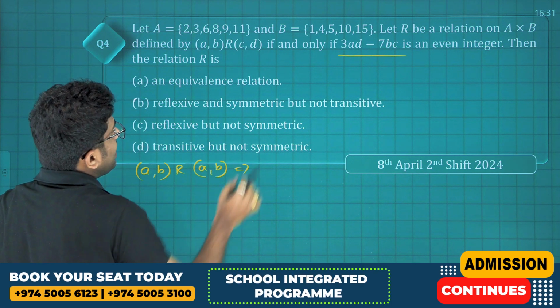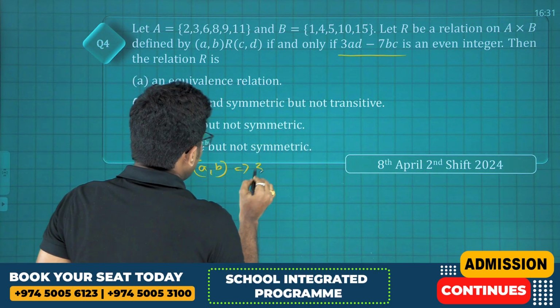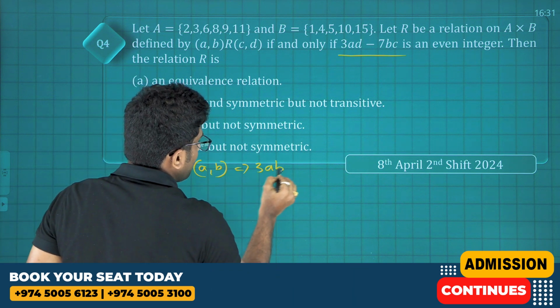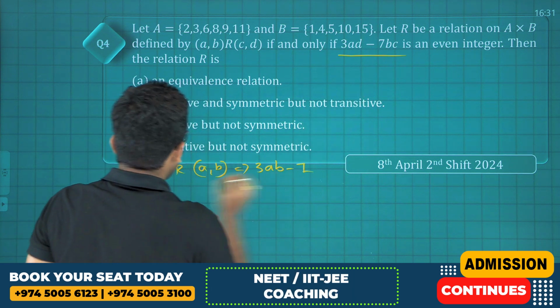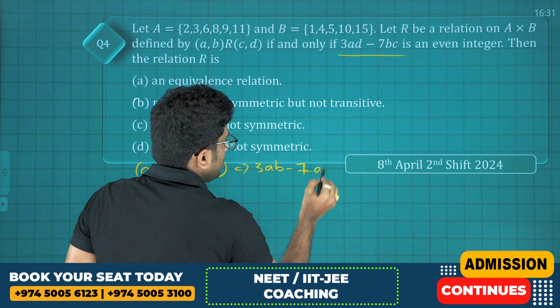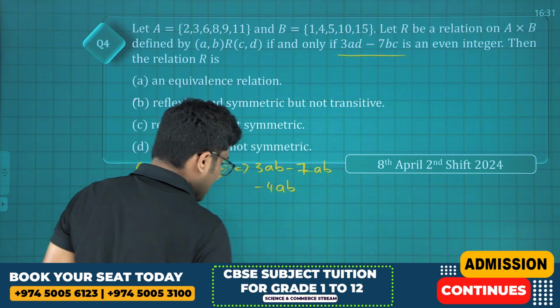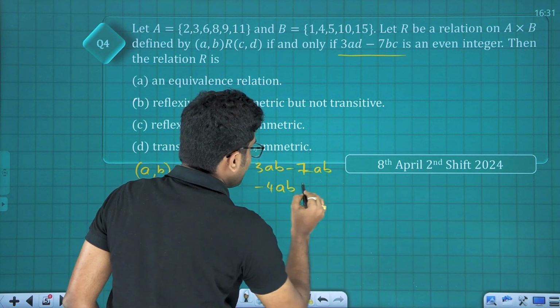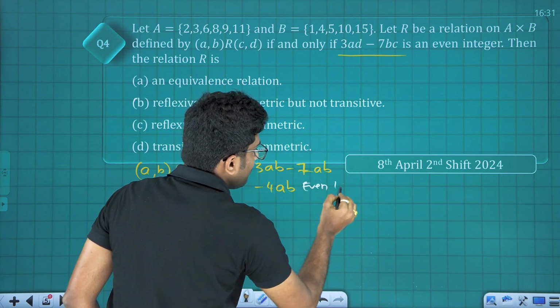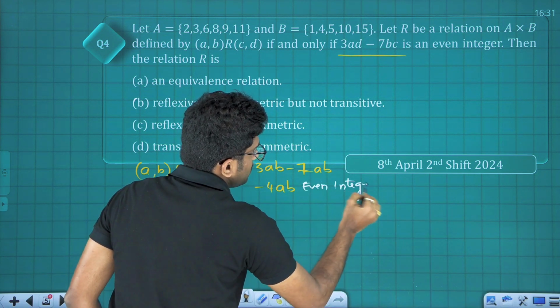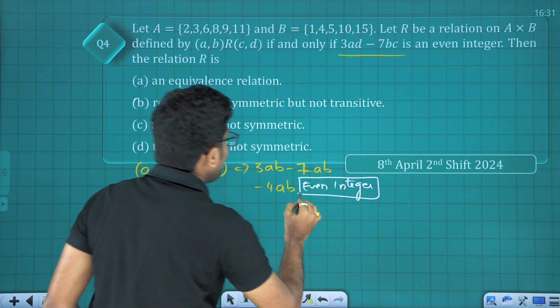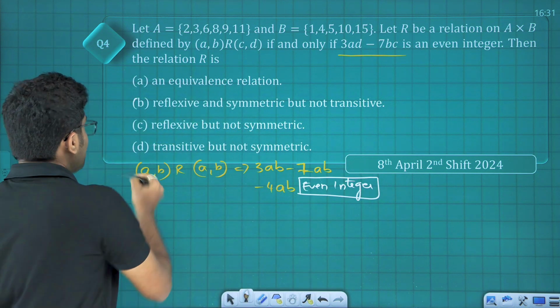So (a, b) related to (a, b) means 3 times AB minus 7 times AB, which is minus 4 times AB. Clearly it is an even integer, friends. So this is for sure always reflexive.